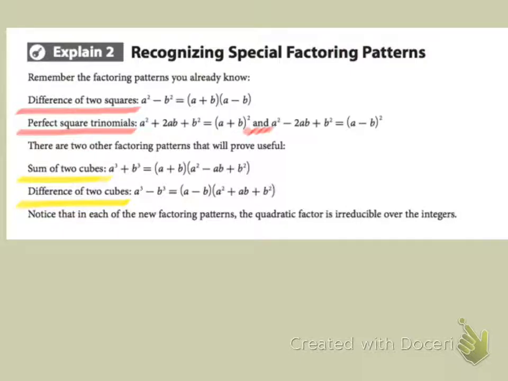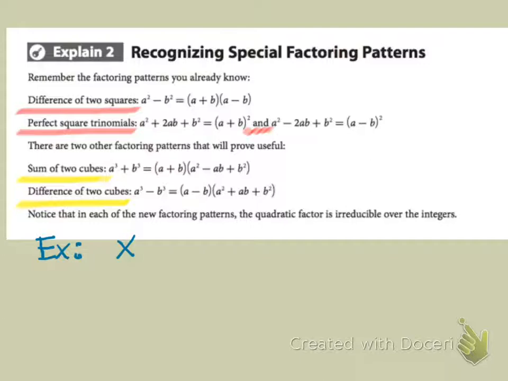So let's take a look at an example. Actually, I'm going to do an example of each, a sum and a difference. Perfect cubes are a really good idea to get a handle on. I know you probably have a pretty good repertoire of perfect squares, but to have perfect cubes is a good thing too. So 1 cubed, 2 cubed, 3 cubed, and so on.